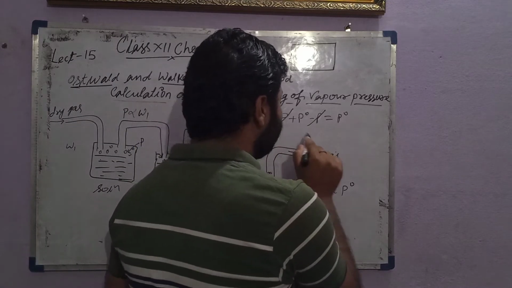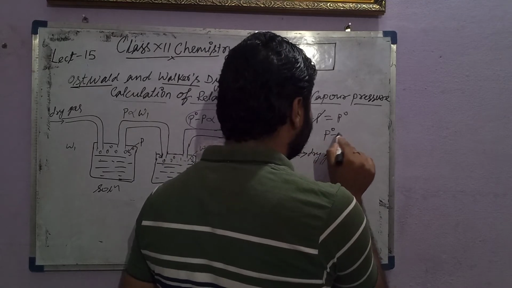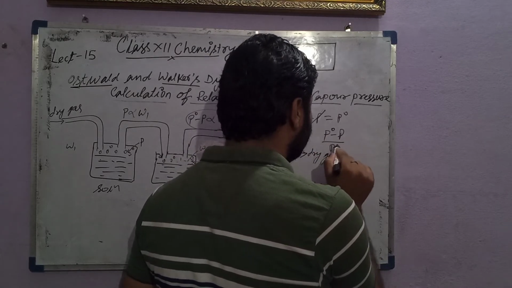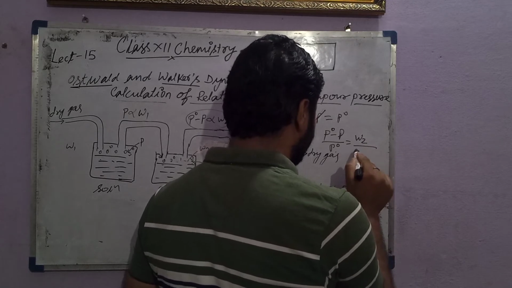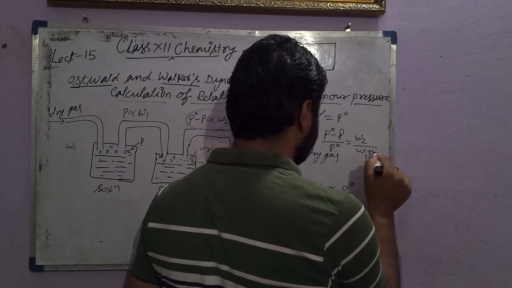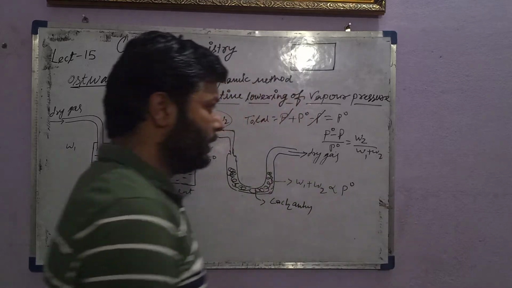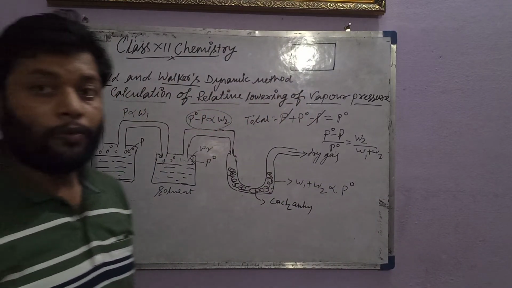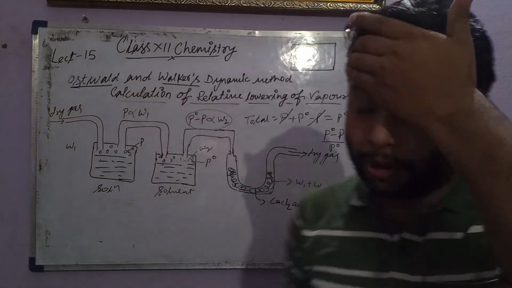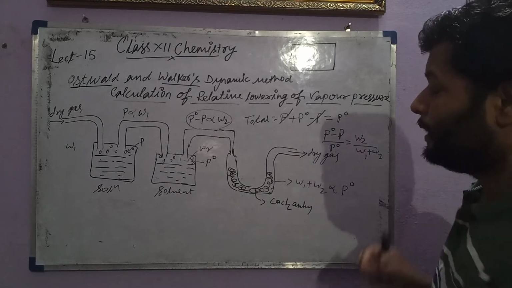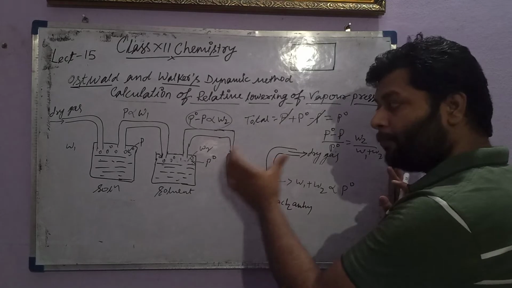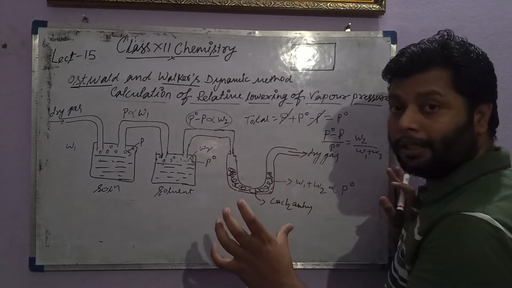Then relative lowering is equal to P naught minus P upon P naught, which must be equal to W2 upon W1 plus W2.